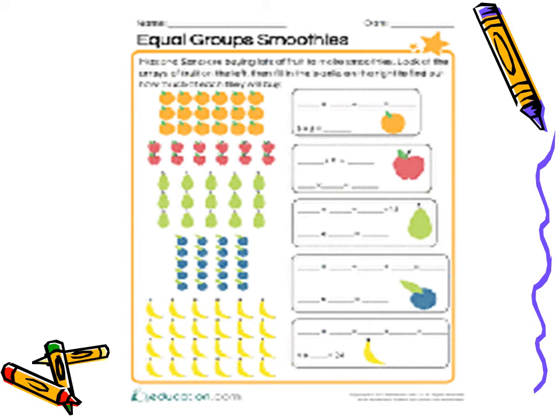Coming to the next question, which is bananas. Let us count the number of bananas in the first row, which is 1, 2, 3, 4, 5, 6. There are 6 bananas in the first row and similarly we have 4 rows.